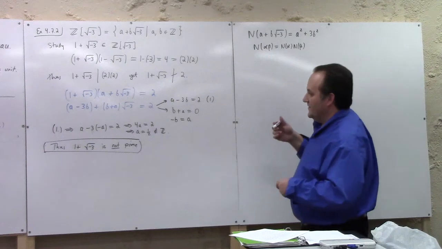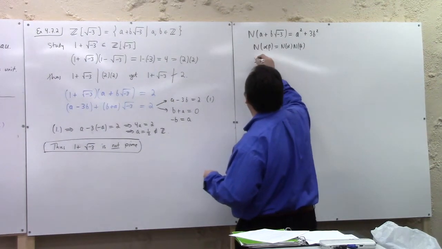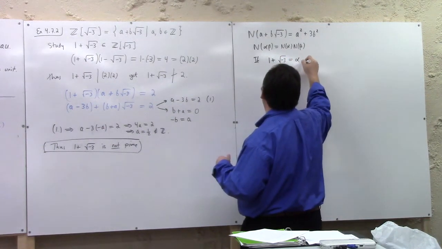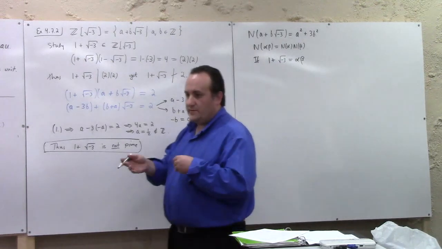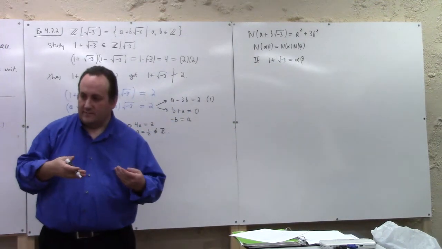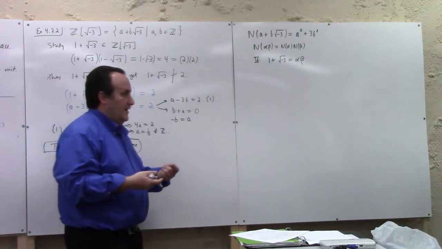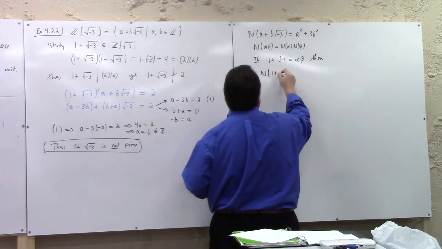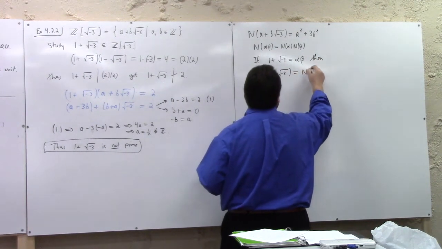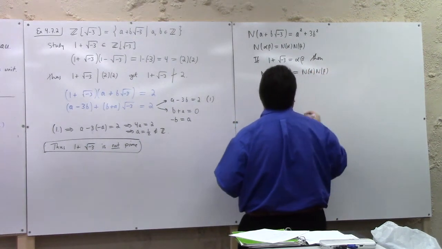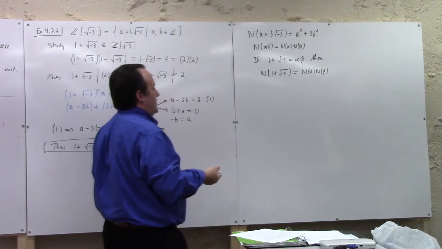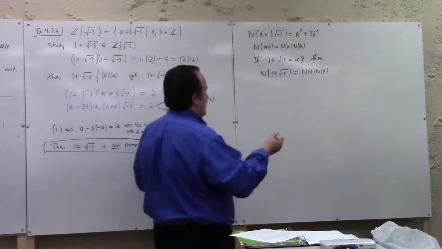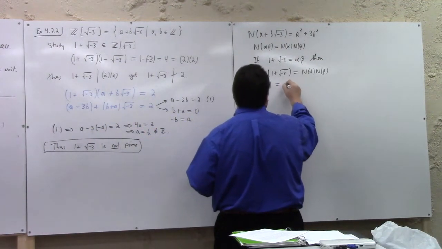So if 1 plus the square root of minus 3 was equal to alpha beta, we need to prove that necessarily alpha or beta is a unit. So if you take the norm, we've got the norm of 1 plus the square root of minus 3 is norm alpha times norm beta, by the multiplicativity of the norm. But what is the norm of 1 plus root minus 3? Well, it's 4, right? So we have 4 equals N(alpha) N(beta).